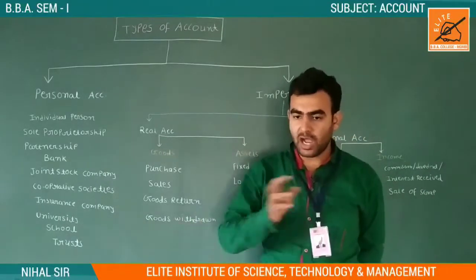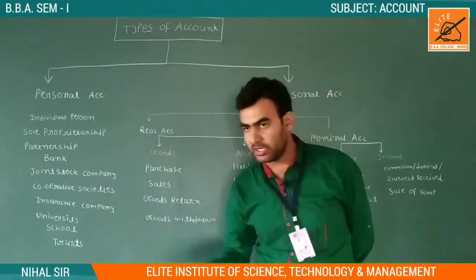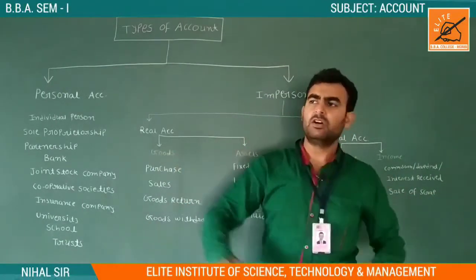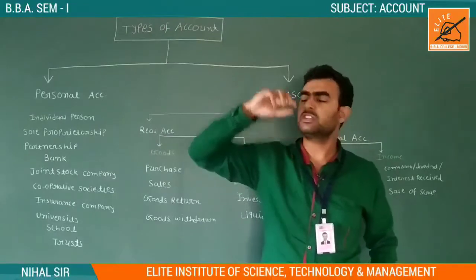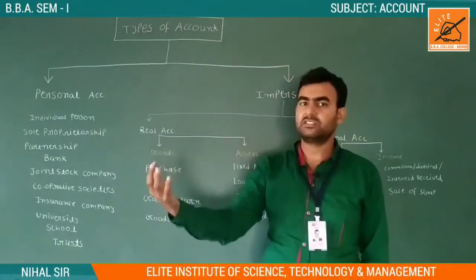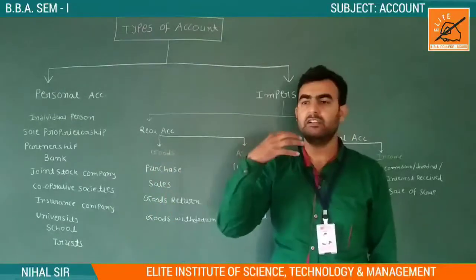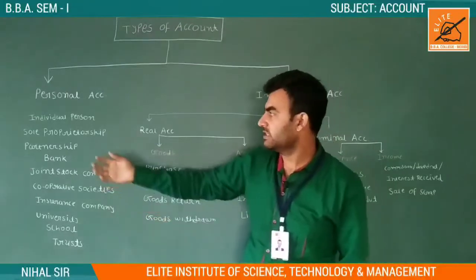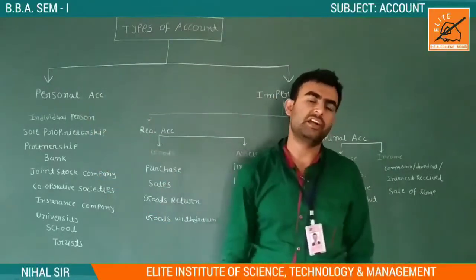When we have sales or purchases, a third party, a second party who transacts with us, either living or non-living, or we can say an artificial person, is called a personal account.